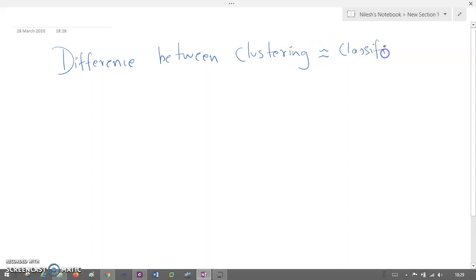What is the difference between clustering and classification, or let's say regression model?